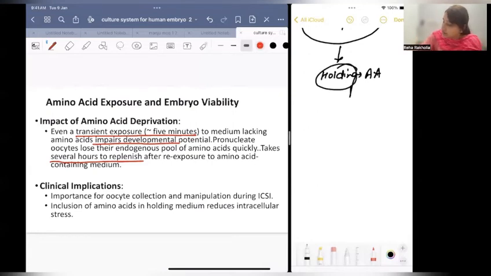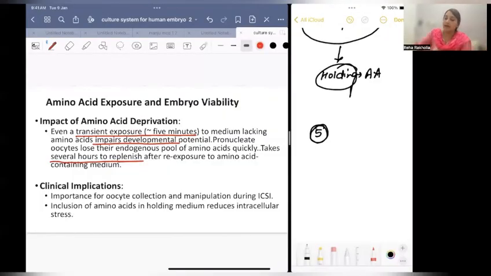Now we'll talk about post-compaction changes. Post-compaction is less dependent on amino acids, but amino acids are important in every stage.